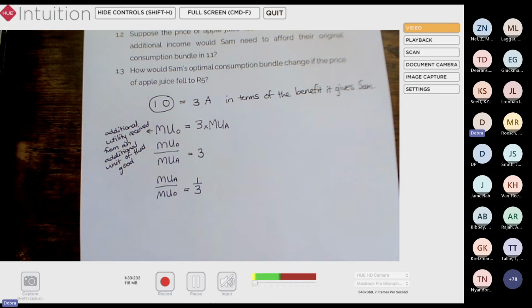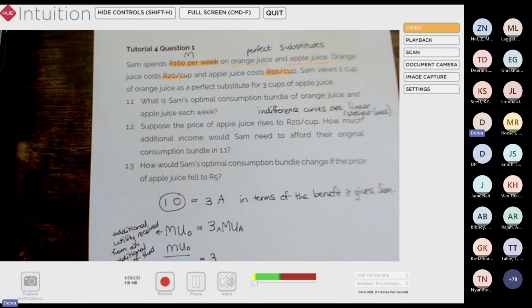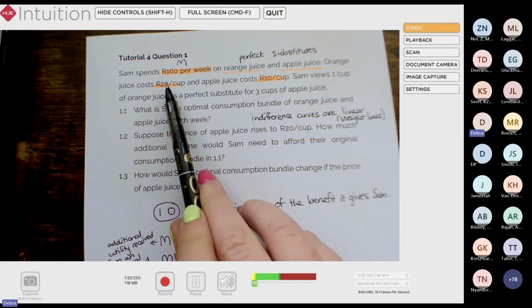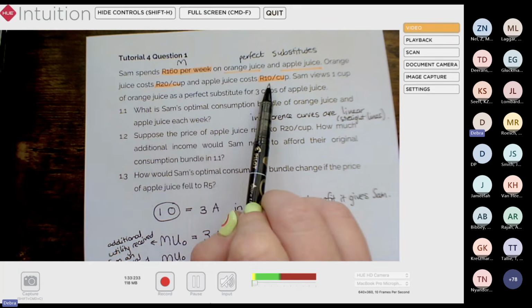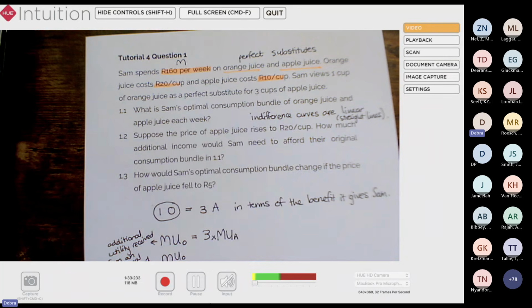So if we think about it intuitively, if he gets 3 times the benefit from 1 cup of orange juice than he got from apple juice, and orange juice in this example costs only 2 times what a cup of apple juice costs, it means that he's having to only incur twice the cost, but for that double cost, he's getting 3 times the benefit.